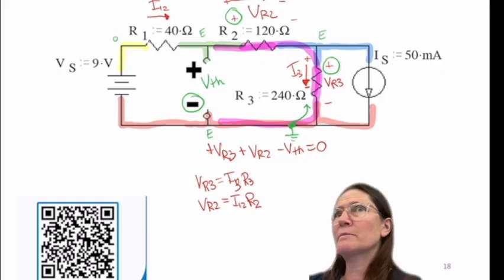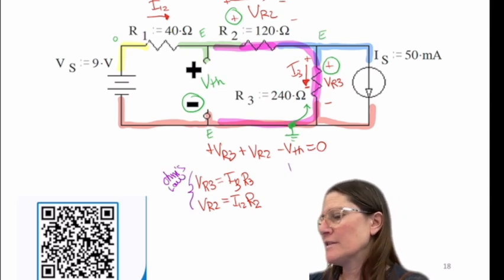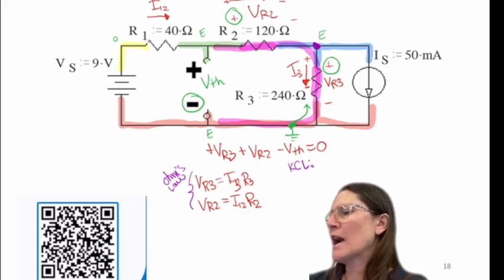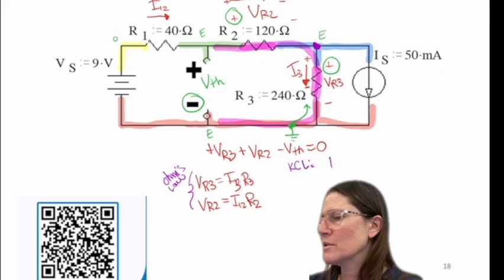This is my Ohm's law. And now I can do a KCL. Doing a KCL there, I have I12 in, and I3 and IS out.